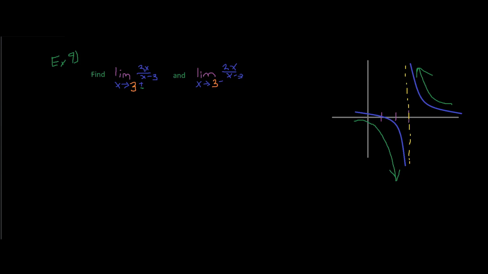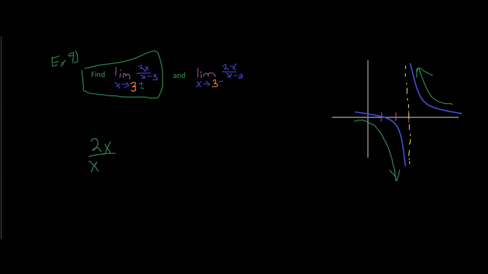So let's try this problem first. And this is saying from the right hand side. So if we plug in a number relatively close to 3 for our limit as x approaches 3 from the right hand side, then we will get, let's see. So let's plug in x equals 3.01 for this function, right? Because this is our function on top and on the bottom too.